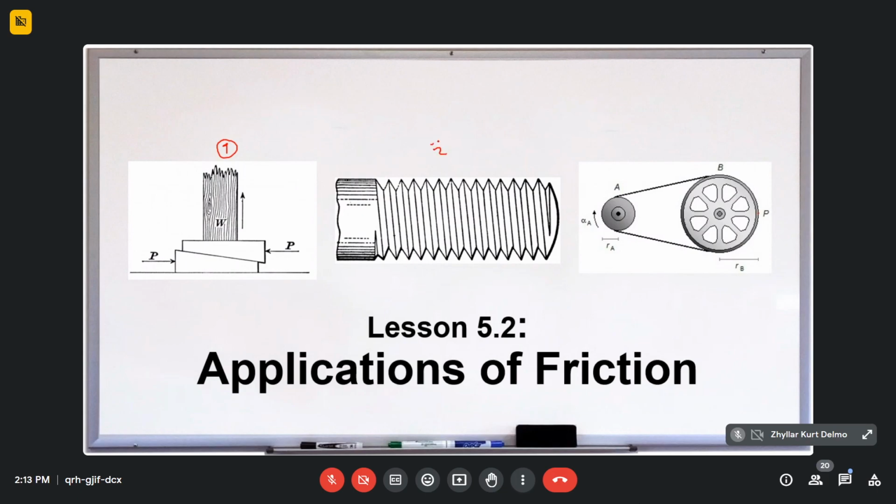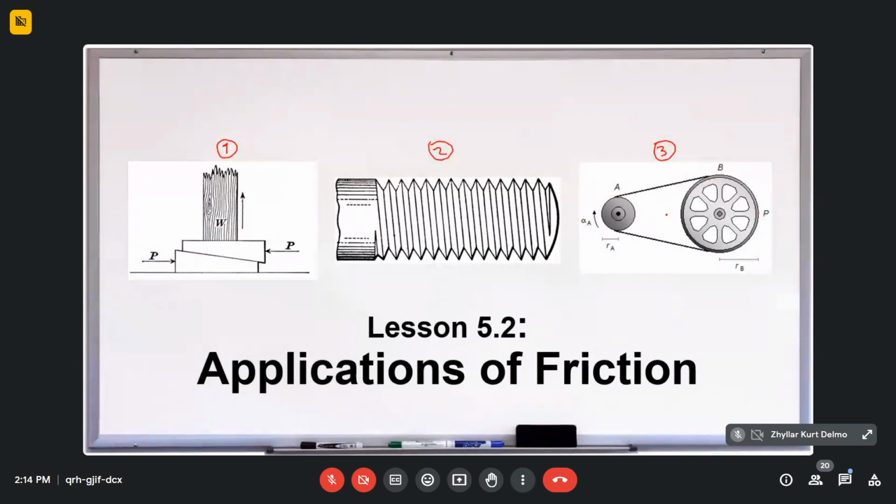The second one is our power screw, which has threads. It is also a simple machine that utilizes friction to perform its task. The third one is the belt and pulley, which also utilizes friction in order to perform its task.